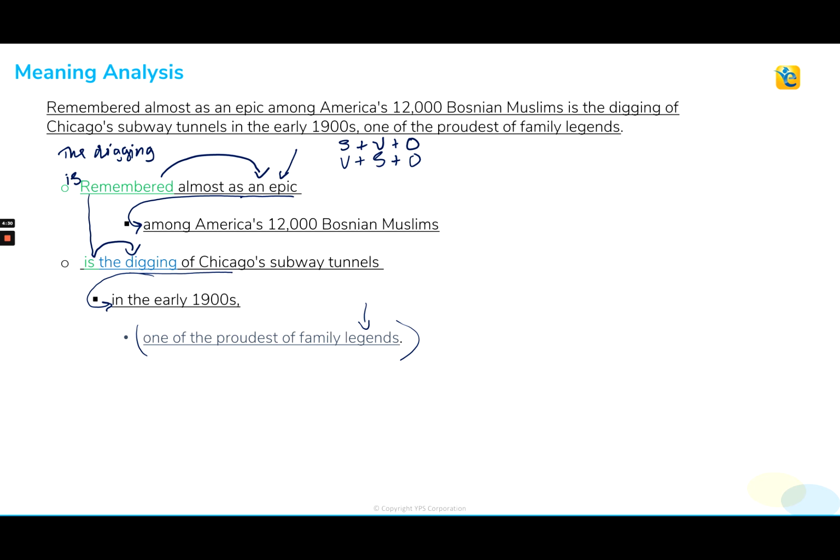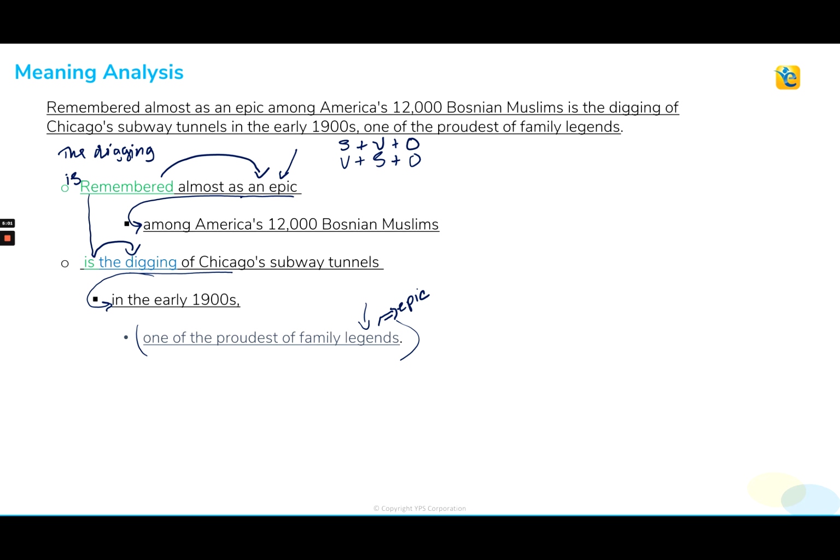And so maybe if I piece these clues together, I can reorganize and infer the meaning that's happening here. So maybe the legend is what is actually the epic. So the legend equals the epic. So that would make sense, especially if this impressive act of digging became the legend. So kind of that ripple effect.